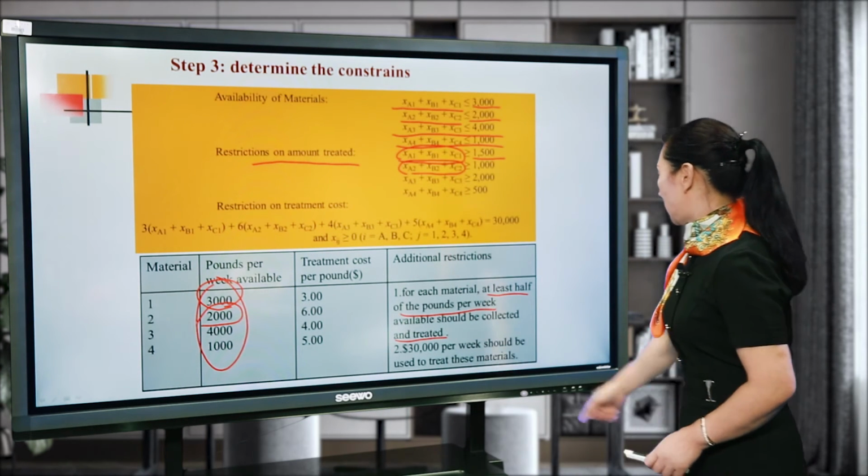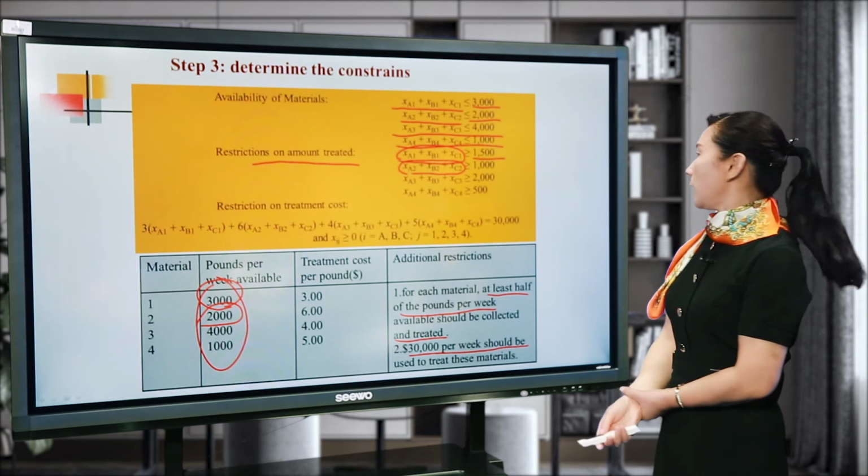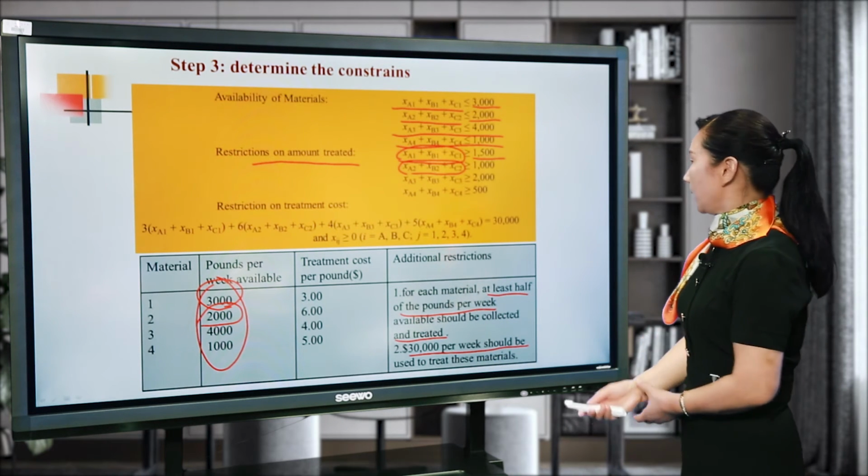And the content of this total cost is 13,000.